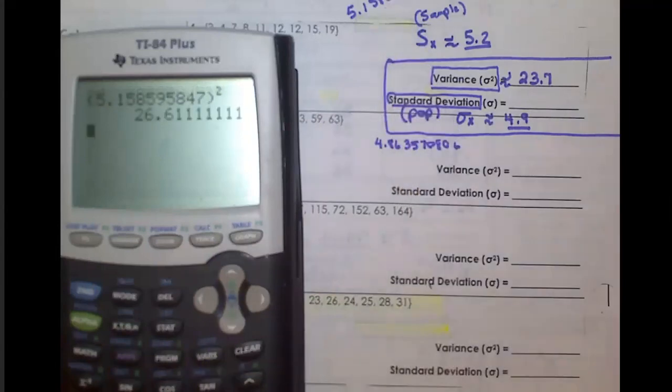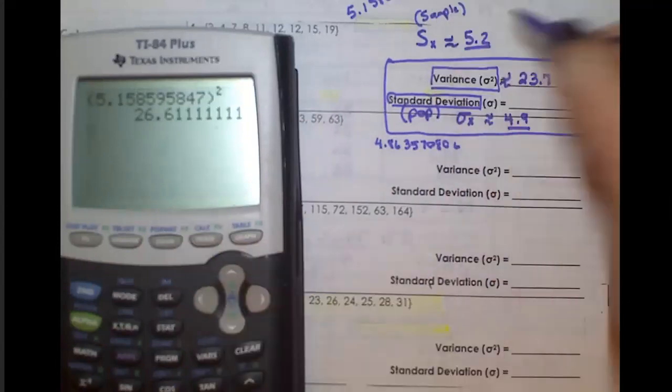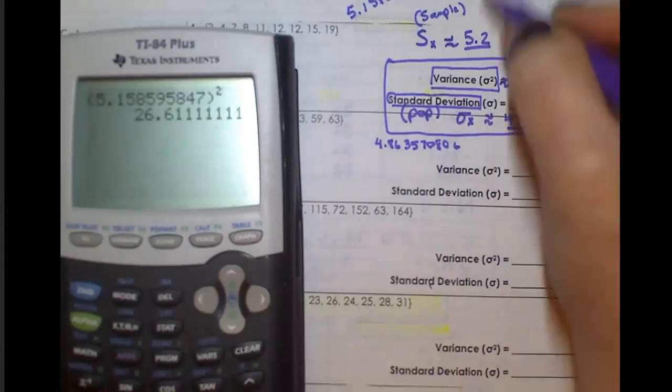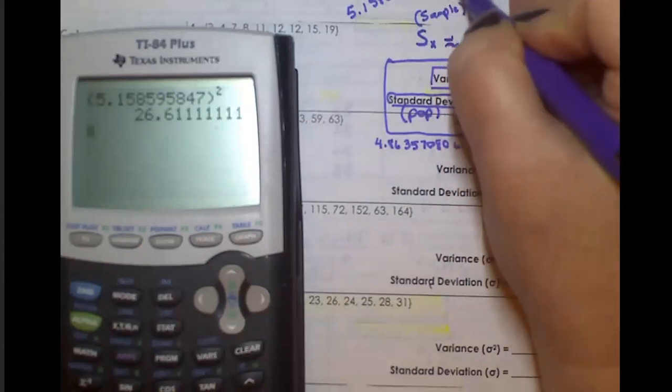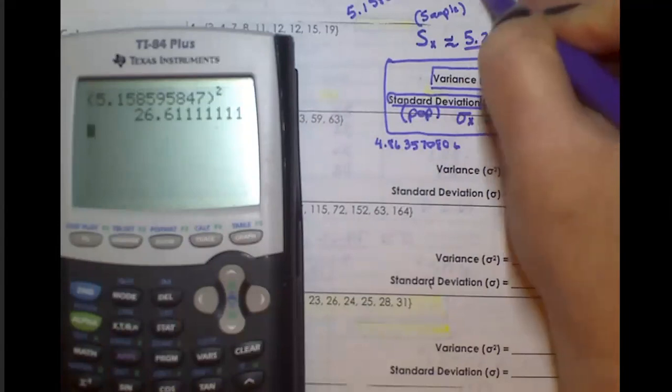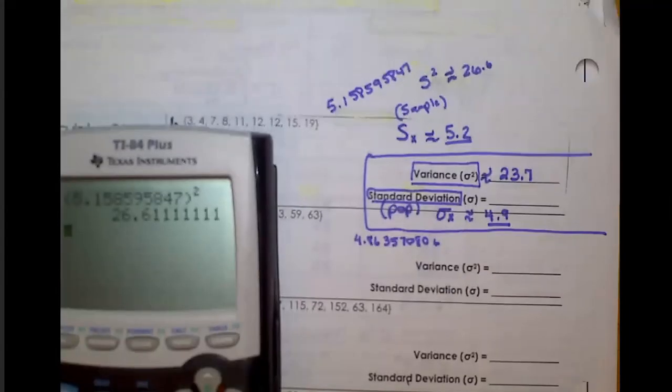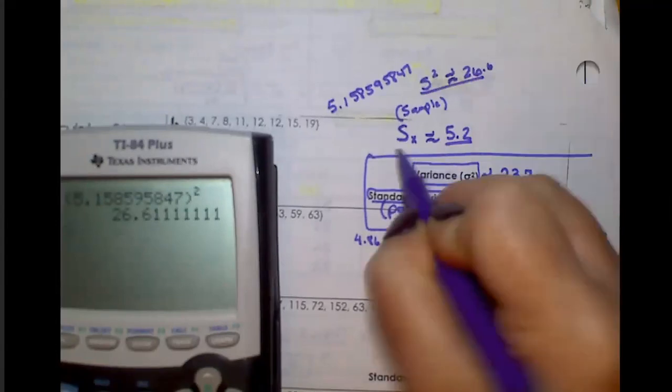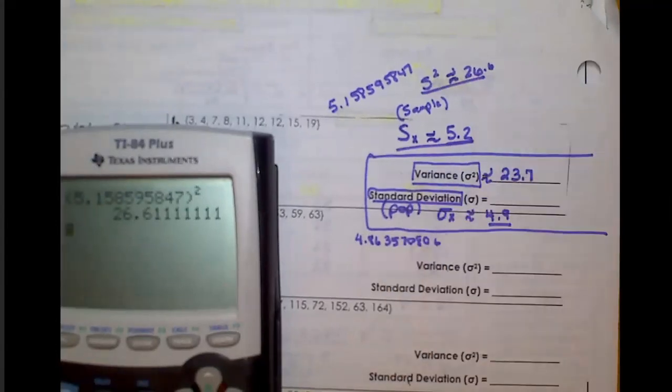We'll square it, and if I round that, it's approximately 26.6. So s squared is approximately 26.6. That's how you can look in your calculator.